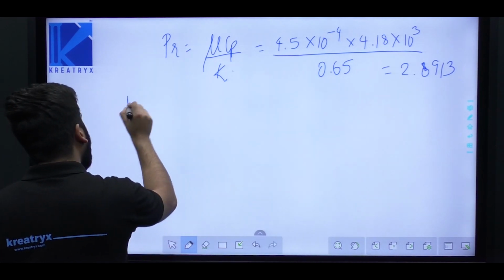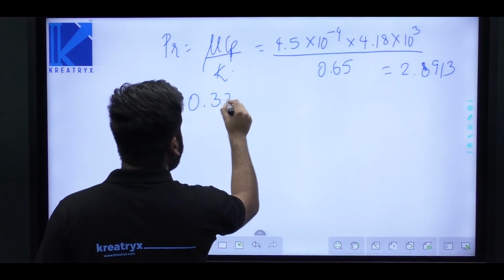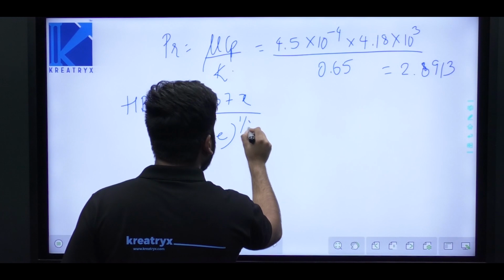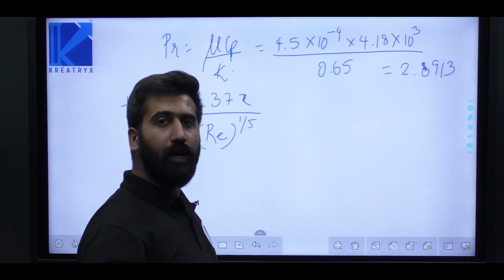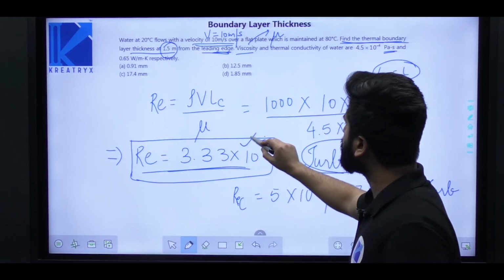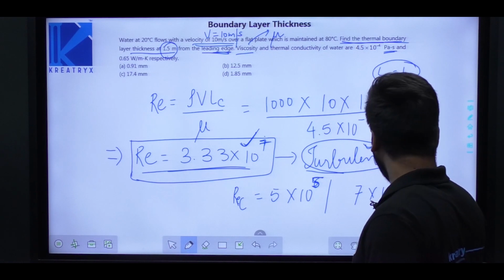The hydrodynamic boundary layer has an expression 0.37x upon Reynolds number raised to the power 1 by 5 for the turbulent boundary layer case, because the Reynolds number is 3.33 into 10 to the power 7, which is a case of turbulent flow.